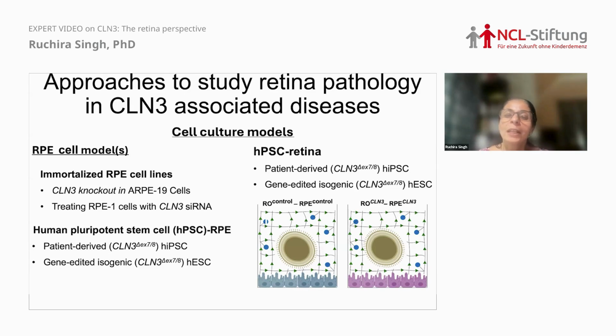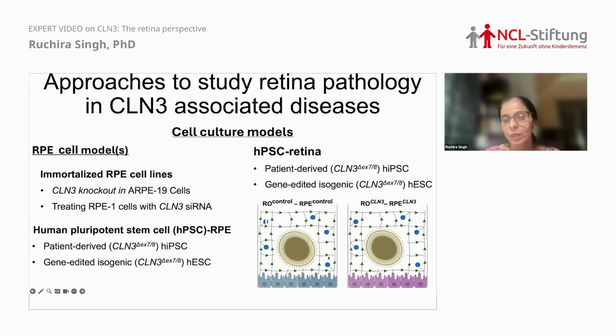And so more recently, we've developed the iPSC retina cell model. And again, these have utilized iPSC derived cells from patients that have the most common deletion mutation spanning exon 7 and 8, using both patient derived cells as well as gene edited isogenic lines.